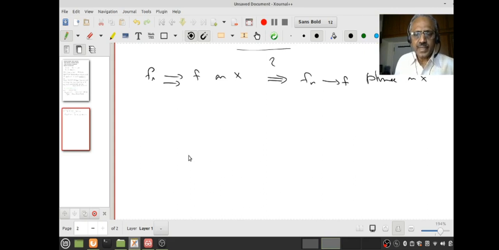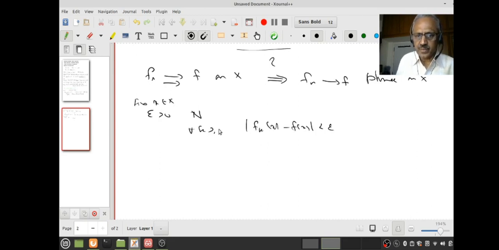Sure, it does. Why? Because to prove this, give me an epsilon positive, fix any x in capital X, I have to find an n. But uniform convergence already gives me this n, so that whatever k you gave me, fk of x minus f of x is less than epsilon for every k greater than or equal to n. This is true for every x, therefore in particular for the x you had given me.